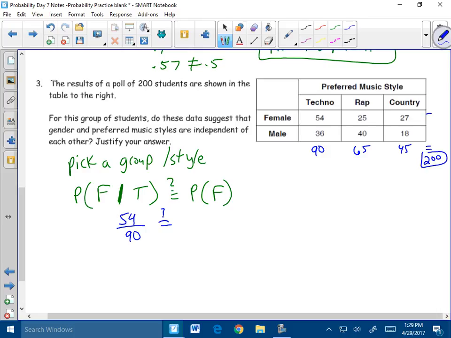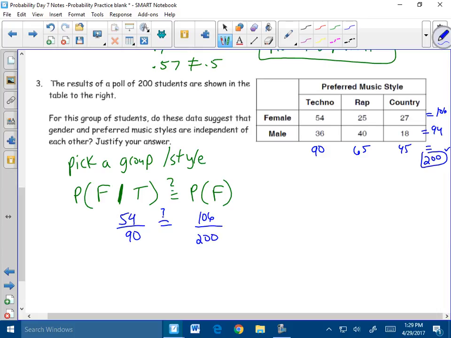You also get the same thing if you go across the top. If you add up all the females, you get 106. And if you add up all the males, you get 94, which also adds to 200. So 200 all around for the totals. We needed that 106 because we need the total females. So 106 females out of 200 students total.